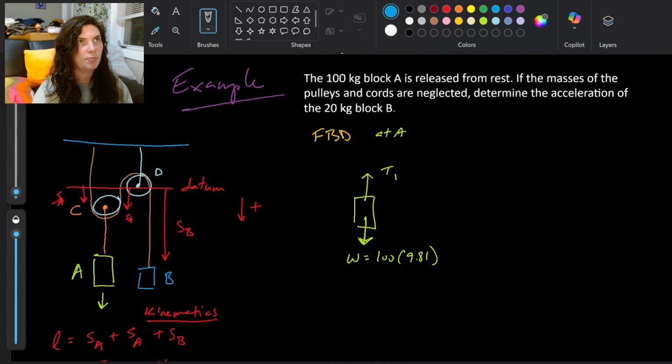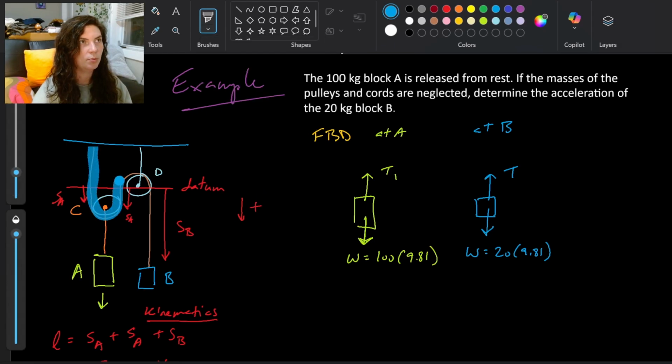And if I look at B, I'm going to have something very similar. At B, I have the weight of B, which is the 20 kilogram mass times gravity, 9.81. And then I've got a tension in the rope at B. But notice that this is not the same tension as the orange cord.